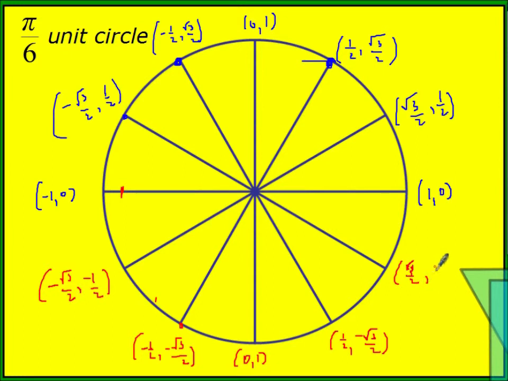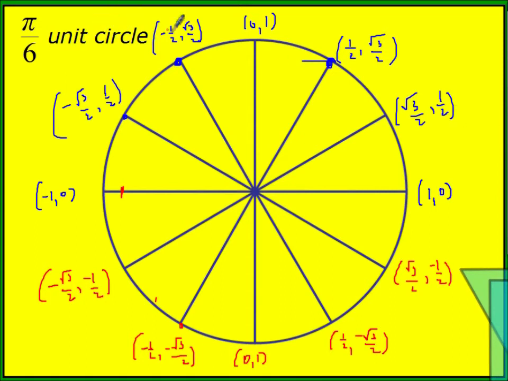Positive x value and negative y value. So I'm going to clean that up just a little bit because that's a mess. But overall, I think it's pretty nice. Once you get that first point out of the way, all the rest of them fall right in there.